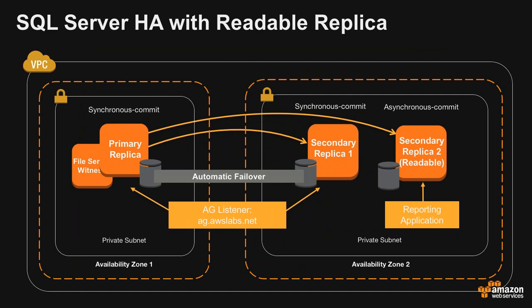This sort of model allows the reporting workload to use the read replica where the load might be high, therefore not impacting, for example, the primary. So this gives, again, further high availability and further performance improvements across the Microsoft SQL deployment.